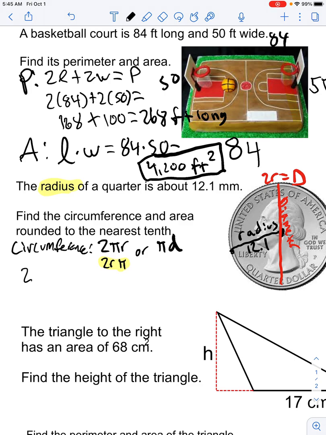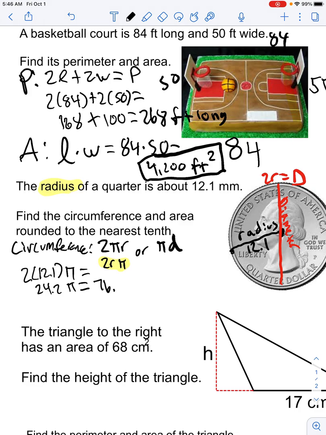So again, 2 times 12.1 times pi. 2 times 12.1 is 24.2 pi. And then pi is 3.14, or you can use the pi button if you have a graphing calculator.